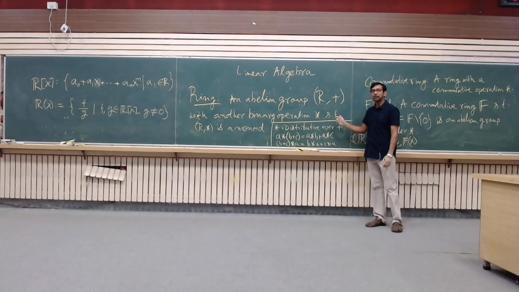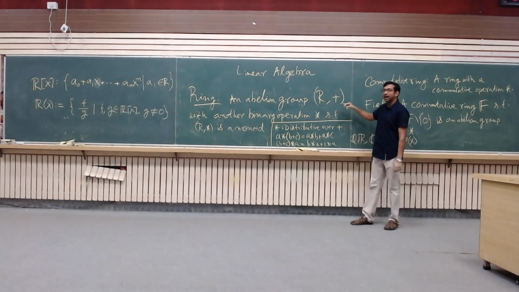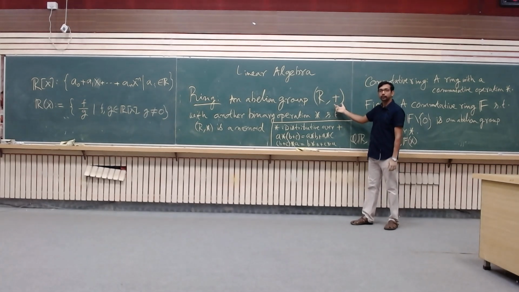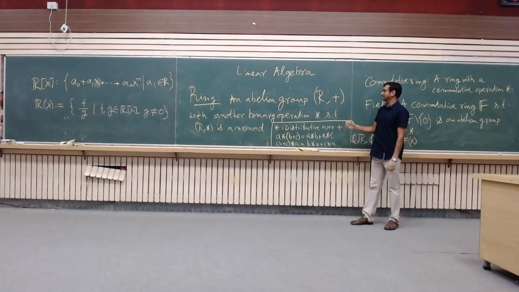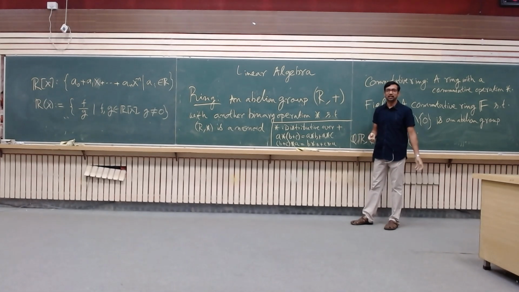But multiplication is not in general. A times B, where A and B are n cross n matrices, is not equal to B times A, unless A and B commute, but that's not always true. A and B may not commute. You have seen this perhaps in the earlier class, I hope.